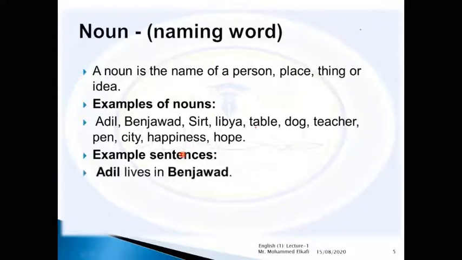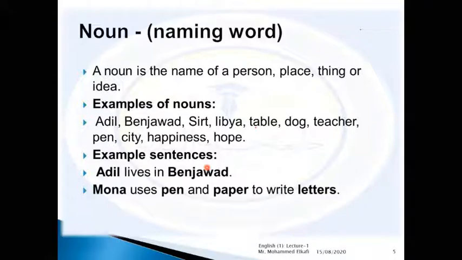So let's take some examples. When we say Adil lives in Binjawad, here we can know that this sentence includes two nouns. The first one is Adil, name of a person, and the second one is Binjawad, which is a name of a place.